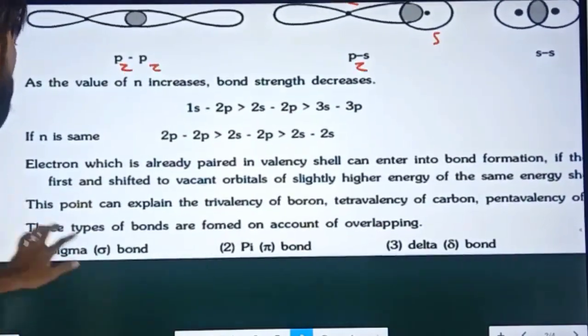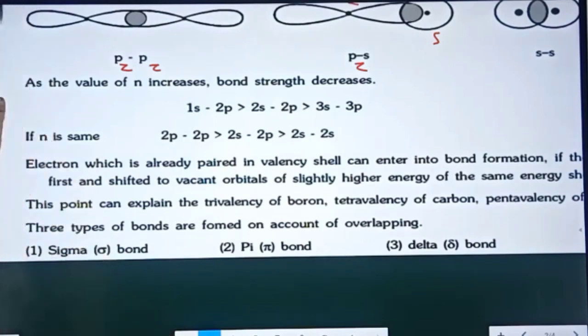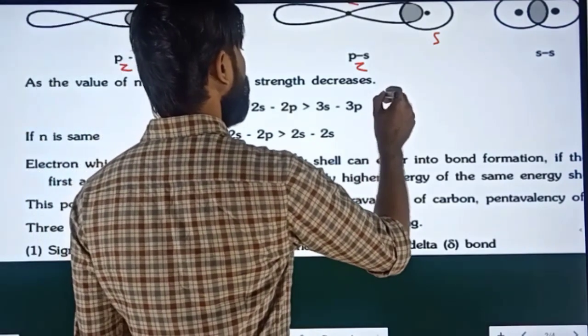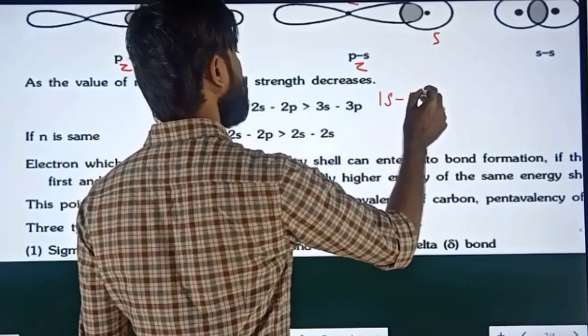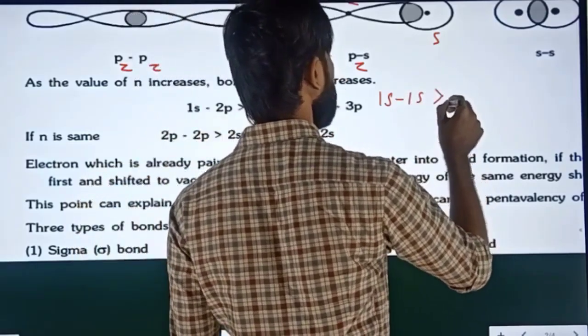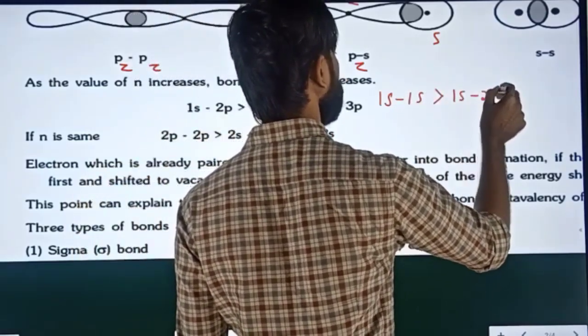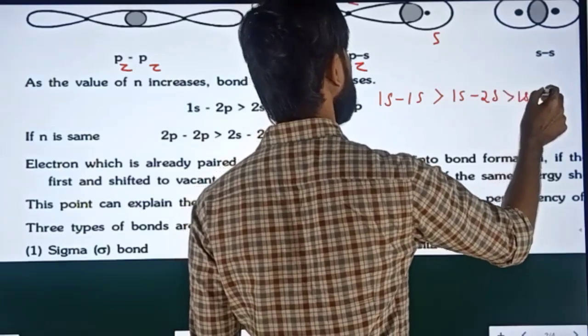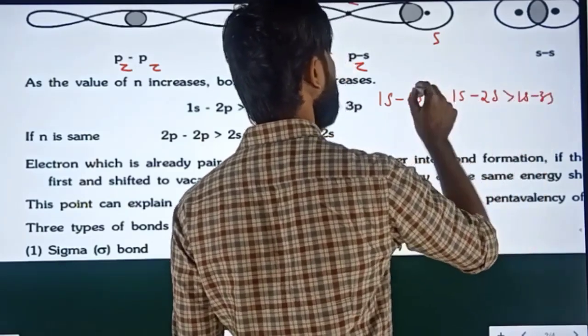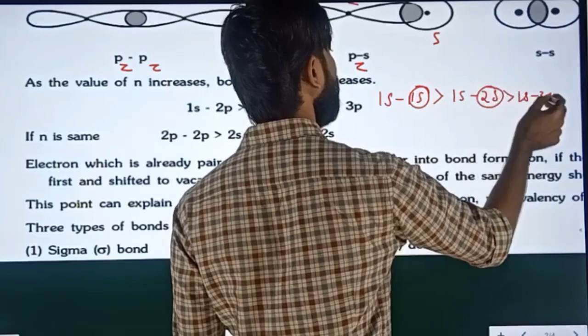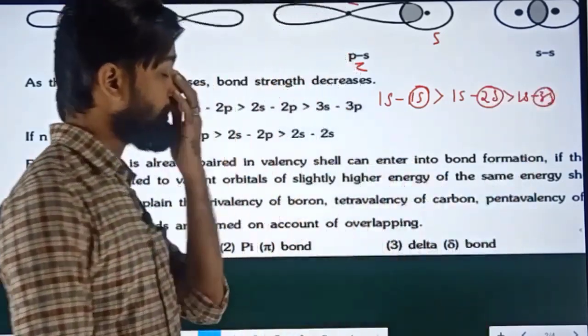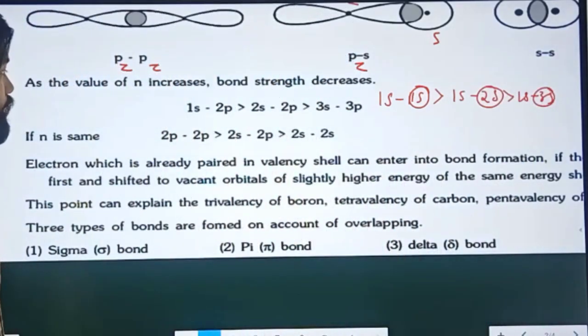As the value of n increases, bond strength decreases. The bond strength between 1s and 1s is greater than 1s and 2s, and that is greater than 1s and 3s. As the value of n increases, relatively the size increases, and the bond extent decreases.